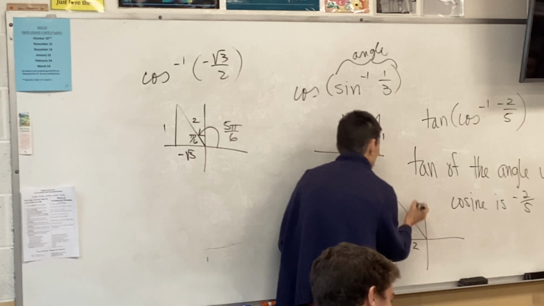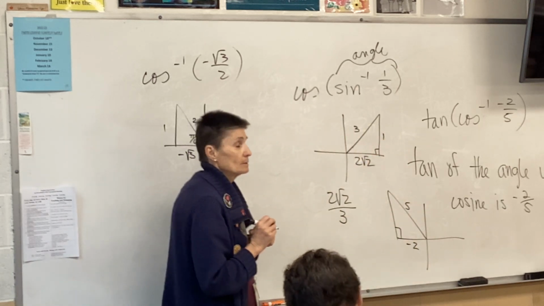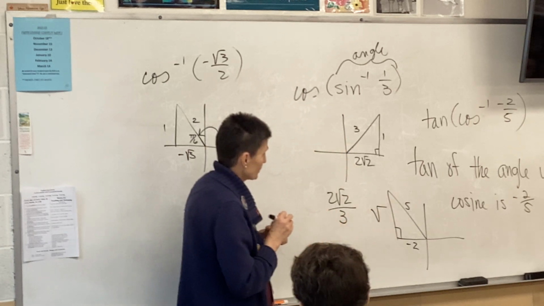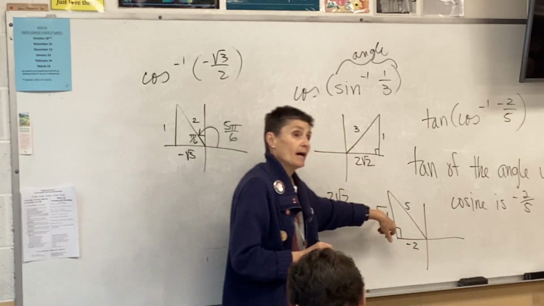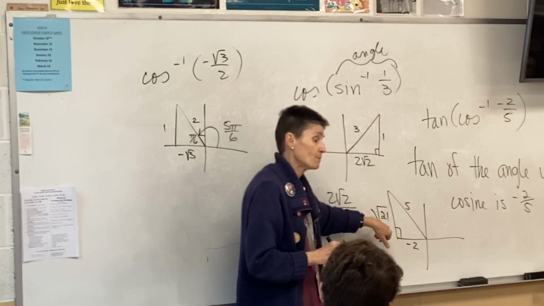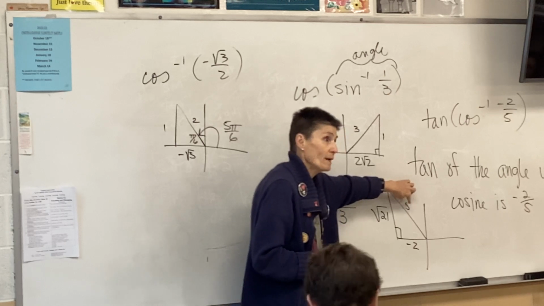Cosine is -2/5. This would be the square root of something. 21, very good. By the way, I get a lot of square root of 29s in this case. Remember, when you do the Pythagorean theorem, this is C. Always.